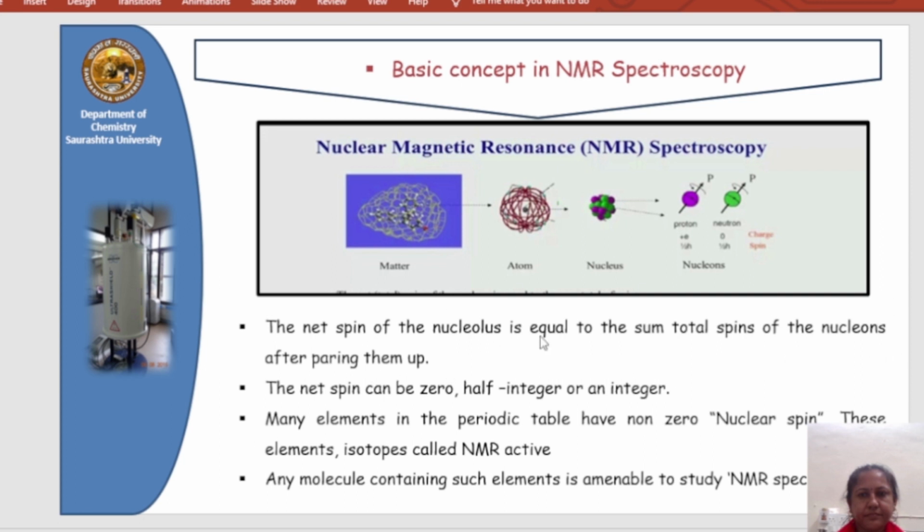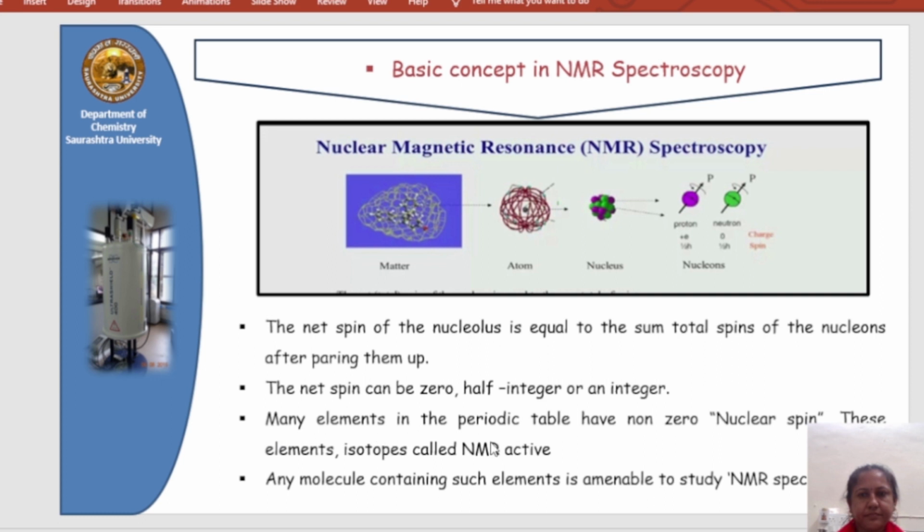The net spin can be 0, half-integer, or integer. We will see how it can be zero spin, integer spin, and half-integer spin.